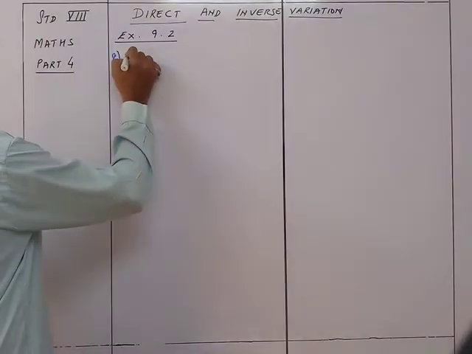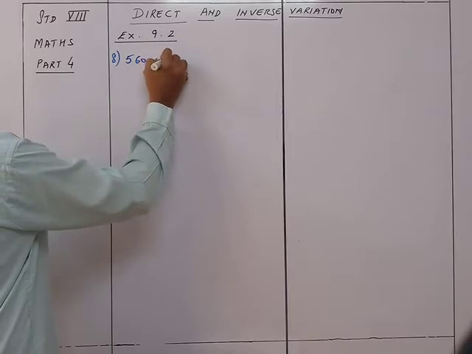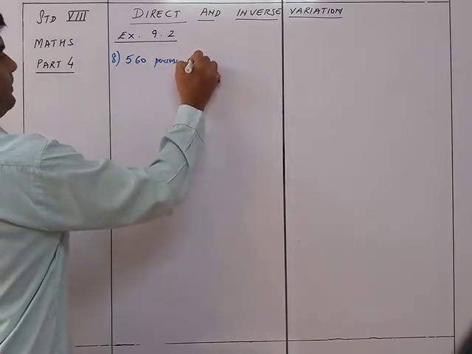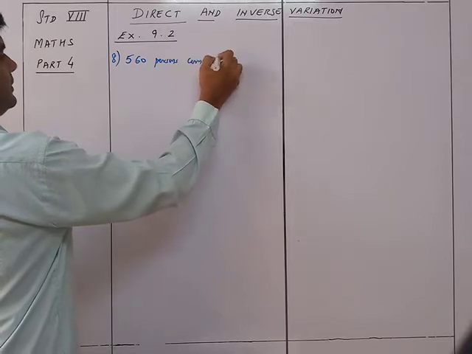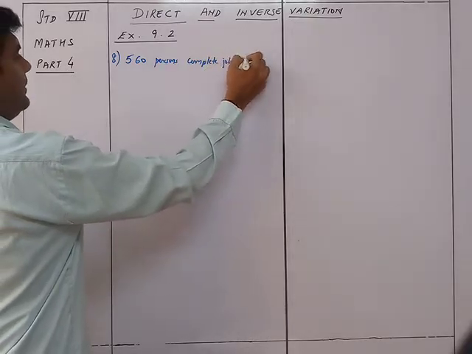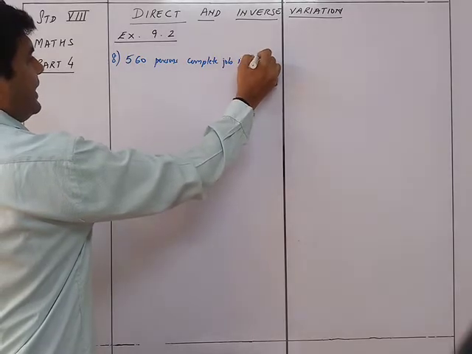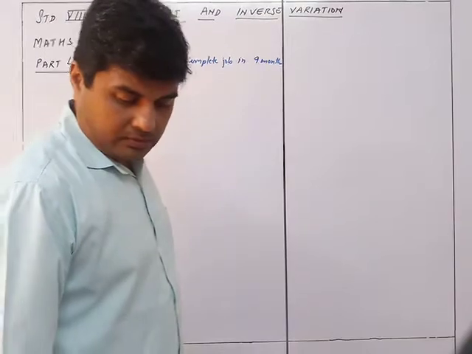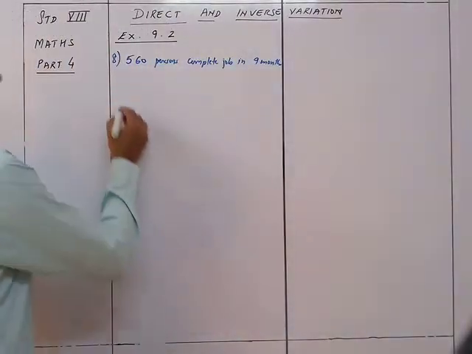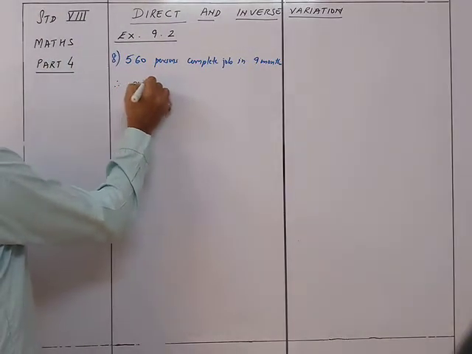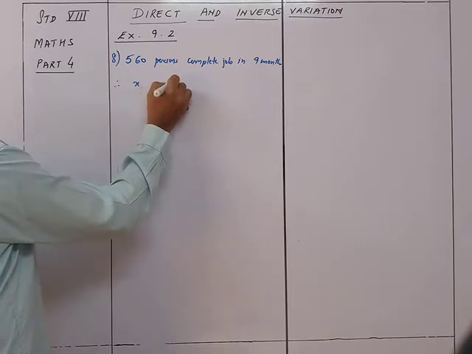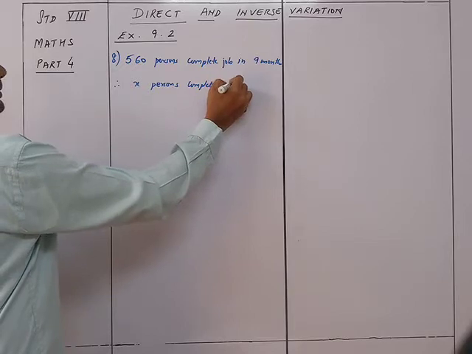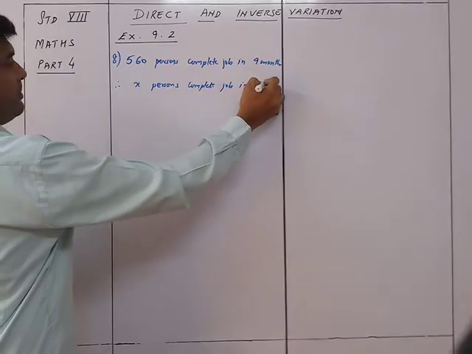We say over here 560 persons complete the job in 9 months. Therefore, X persons complete the job in 5 months.